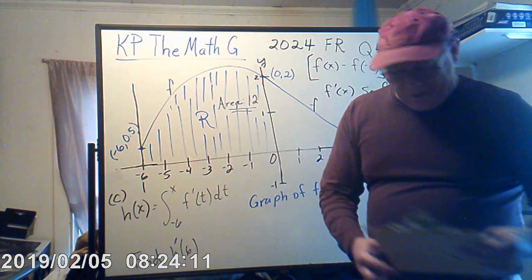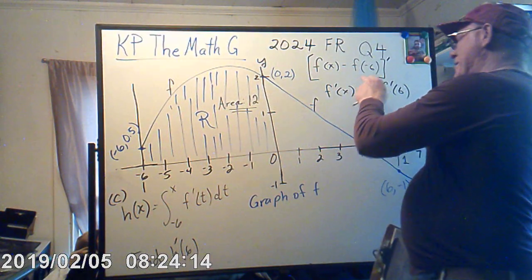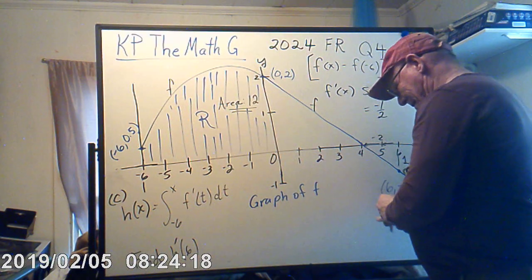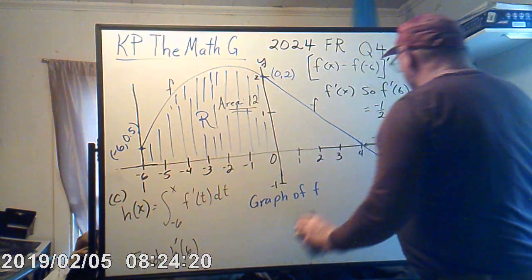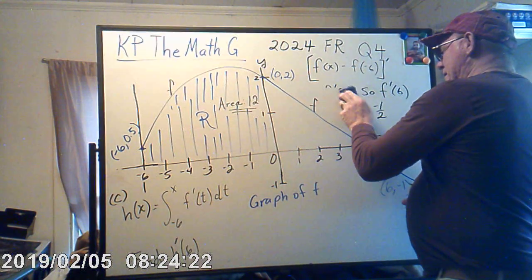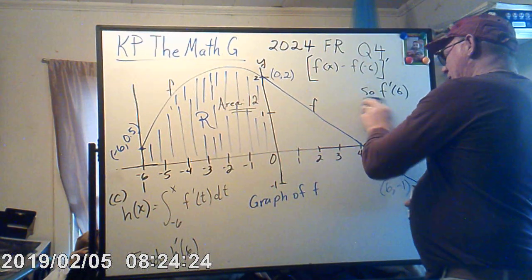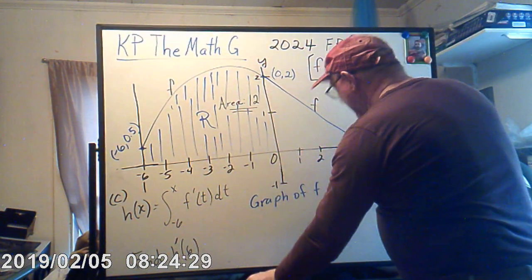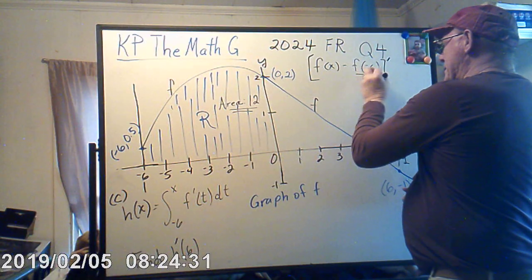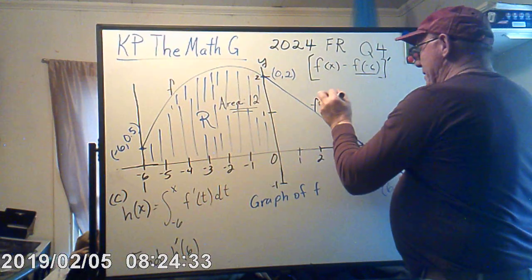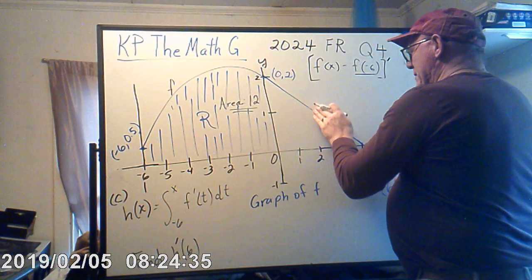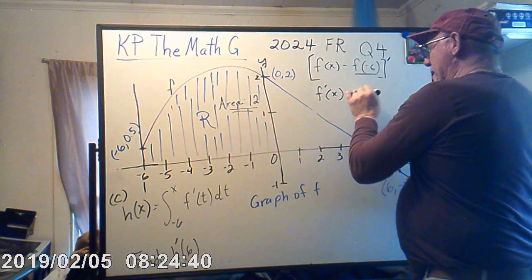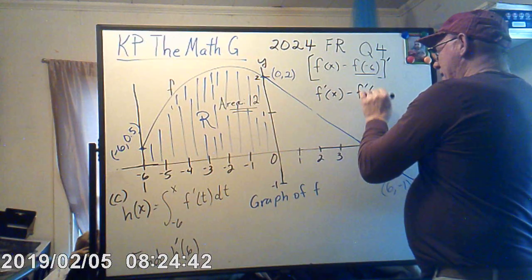You just got to remember, this is a big mistake, and I used to make it. Be very, very careful with this. When you look at it in this respect, you see that this is a constant here, but it is not f prime at x minus f prime at negative 6.